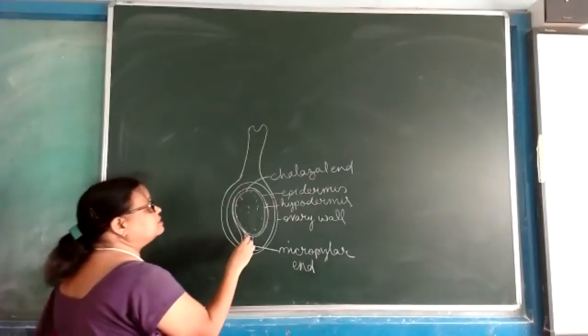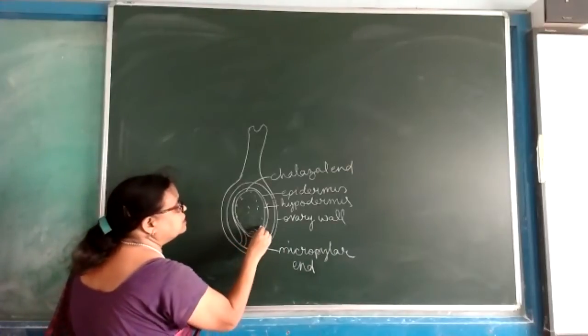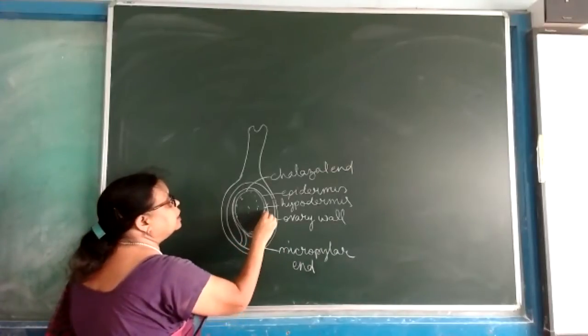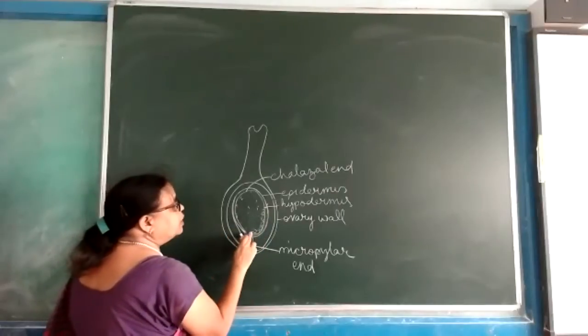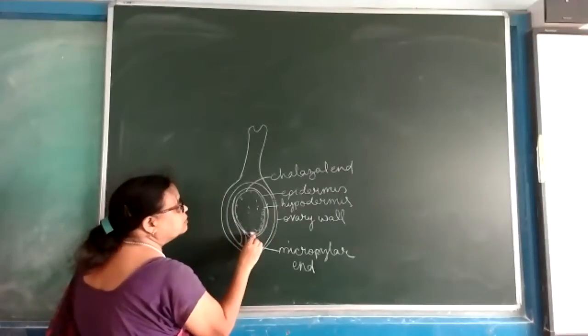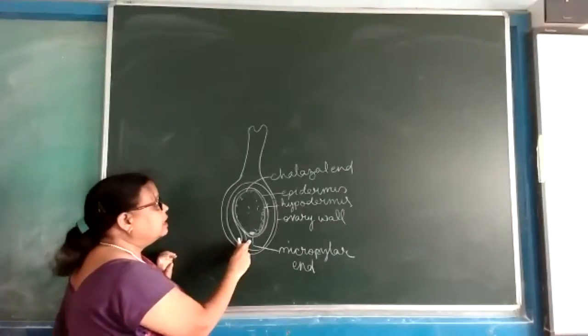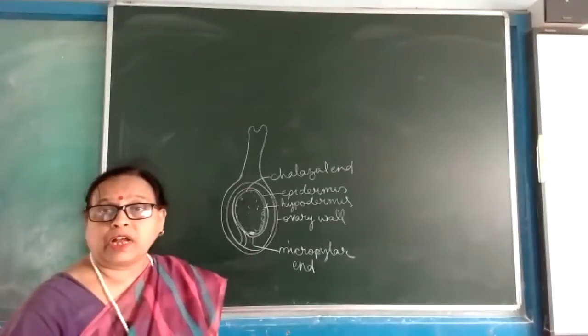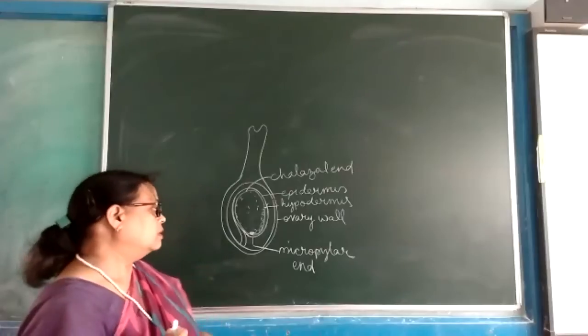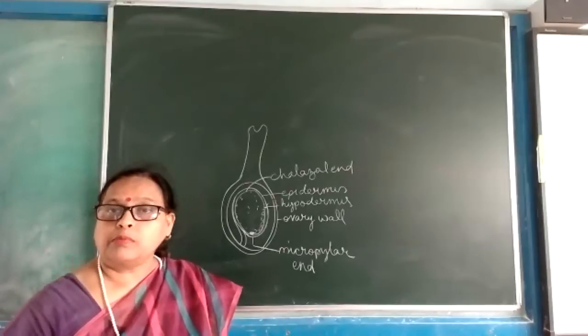One of the cells in the hypodermis, the one towards the micropylar end, will start functioning as the megaspore mother cell.